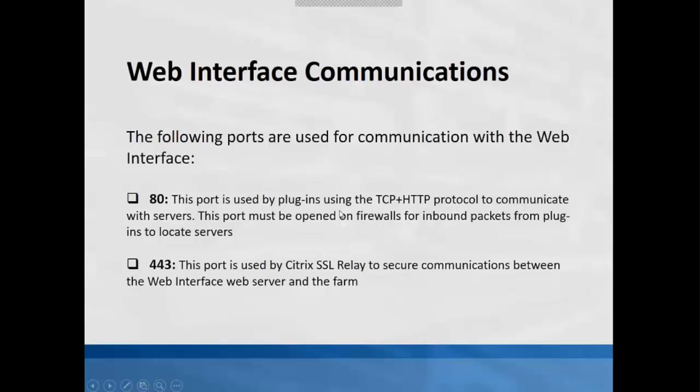This port is used by plugins using the TCP plus HTTP protocol to communicate with servers. This port must be opened on firewalls. Normally these ports are open in firewalls for internet traffic and for SSL traffic. So they're already open, but these will be used now for the web interface as well.